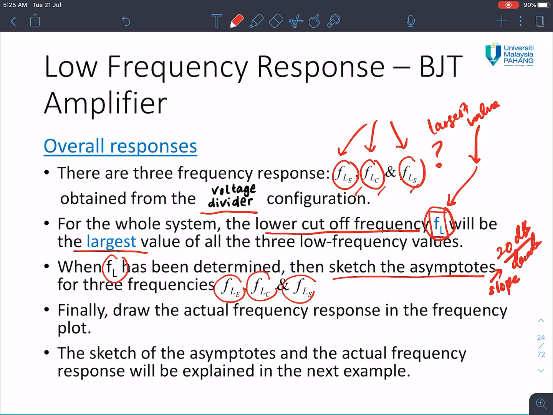Then finally, draw the actual frequency response. Actual frequency response means it's a curve, the gain that you get in the frequency plot. The sketch of the asymptotes and the actual frequency response will be explained in the next example.